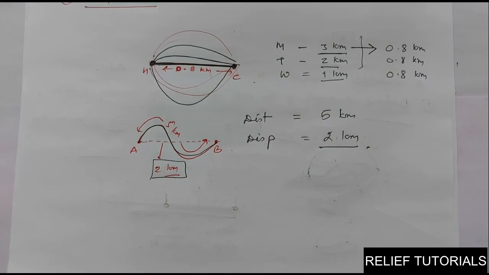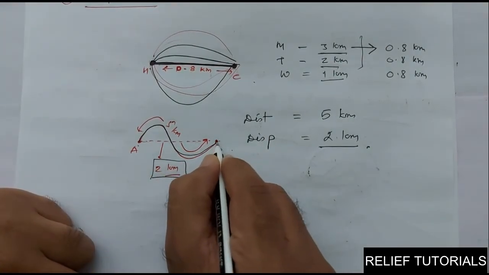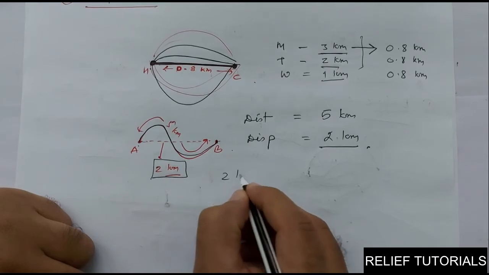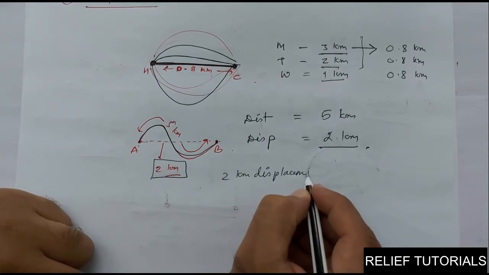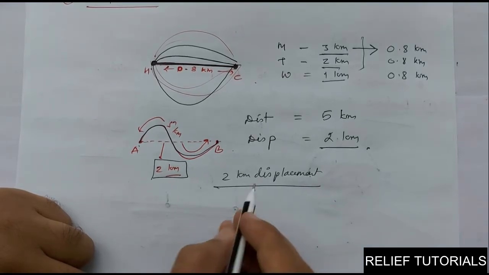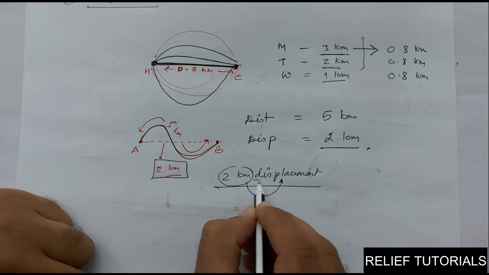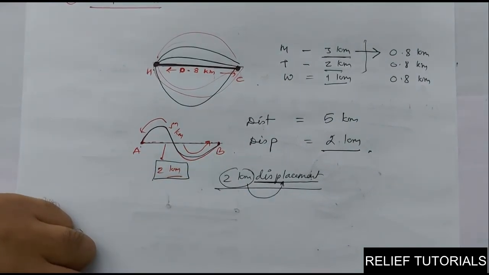So if I say to you like this, that while coming from A to B, for example, this is B, means class. So when I reach here, you are also here. And if I say to you that I have traveled 2 kilometer displacement, the thought came to your mind that 2 kilometer displacement means 2 kilometer straight distance away.